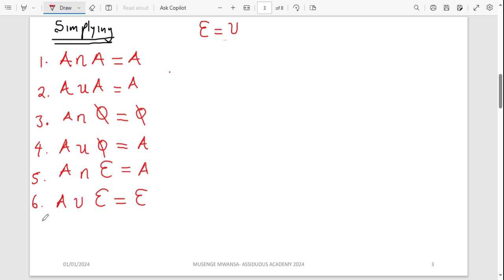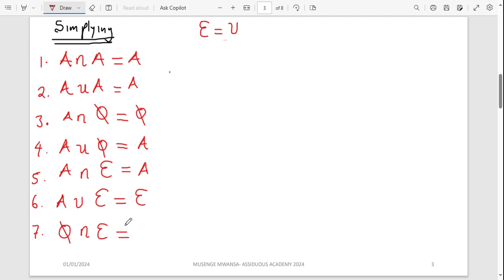Okay. So these are the rules you need to understand. Let me just write something. If I get an empty set, I intersect it with the universal set. I've already written them. What is going to be the answer? I get nothing. I want to see what is common between it and the universal set.